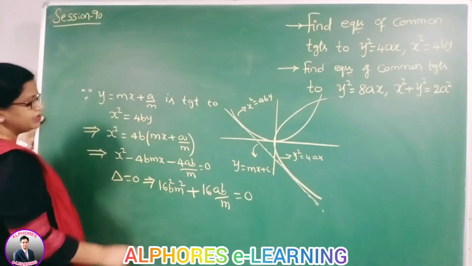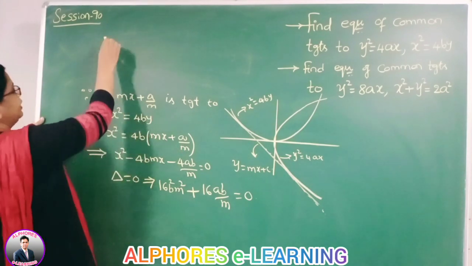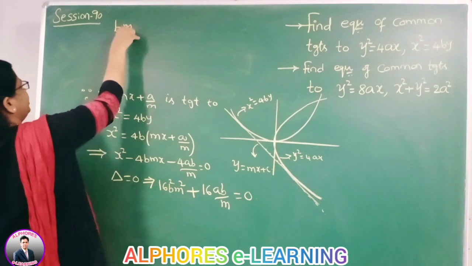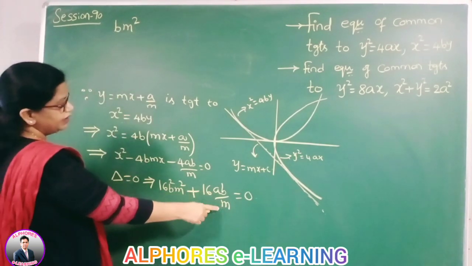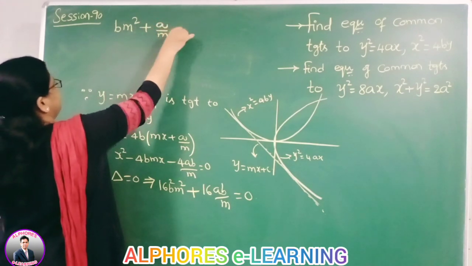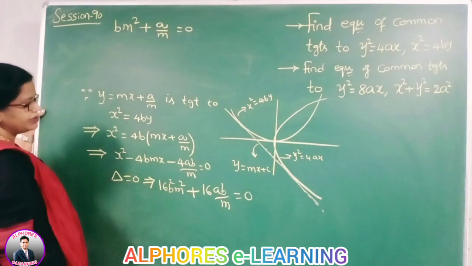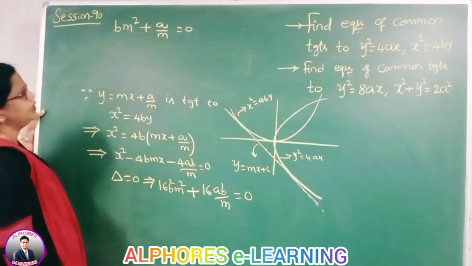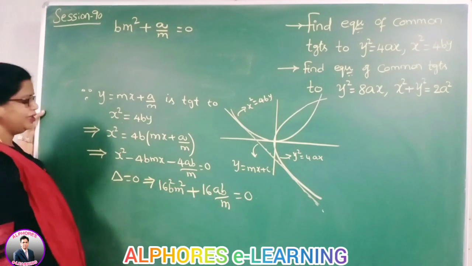So b not equal to 0, hence let us divide by 16b. Then we obtain bm square plus a by m is equal to 0.